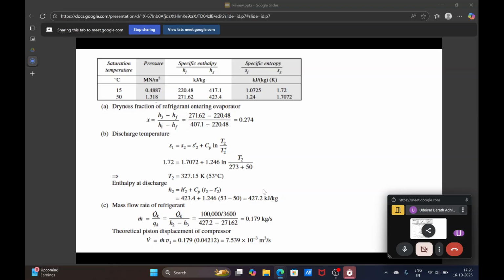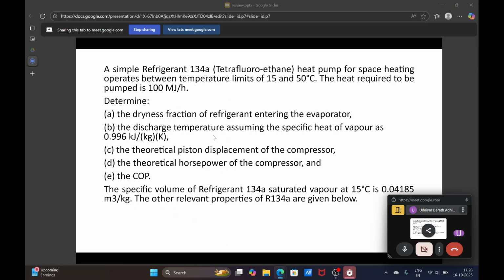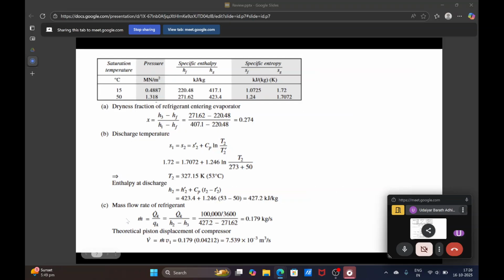Now using this, you can find out the mass flow rate, because the heating requirement is given as 100 megajoules per hour. So we know Q. Q is 100 megajoules divided by 3600, divided by your enthalpy change. Since enthalpy is in kilojoules, we have written 100 megajoules in terms of kilojoules, which is 100 into 10 power 3 kilojoules divided by 3600.